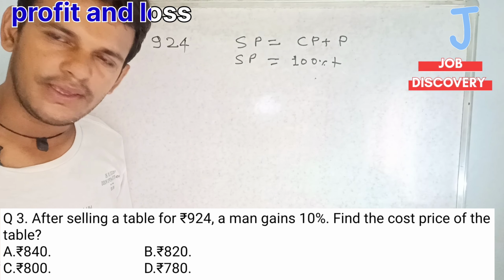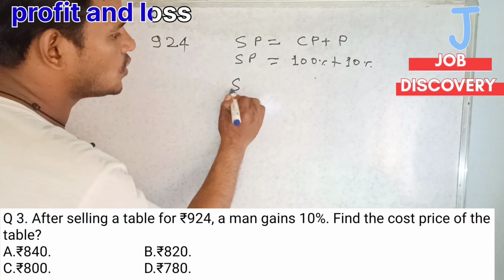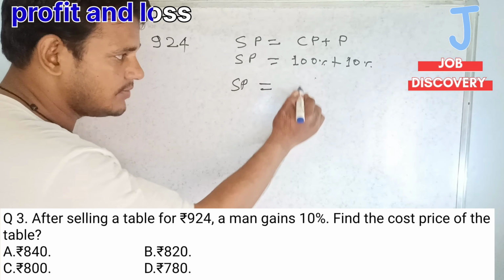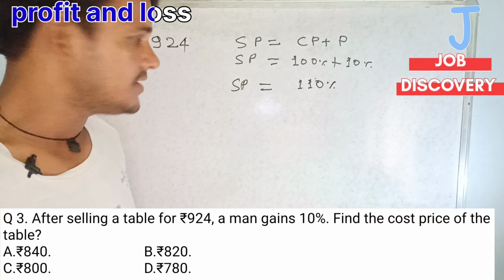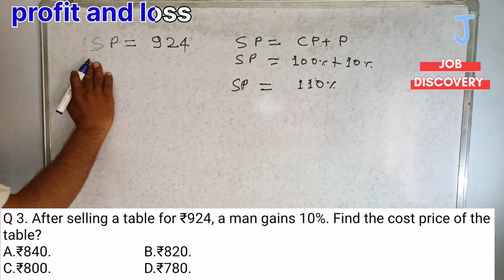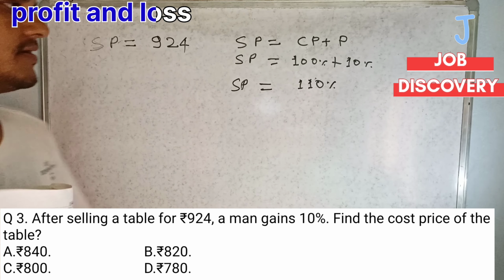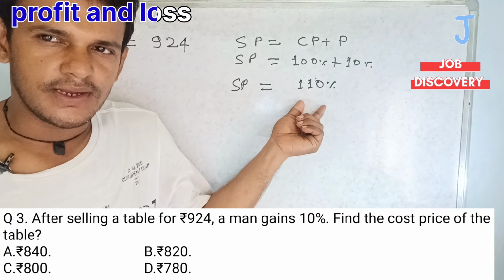plus profit is 10%. So total selling price is equal to 100% plus 10%, which will be 110%. Selling price in rupees is given 924, but in percent selling price is 110%.